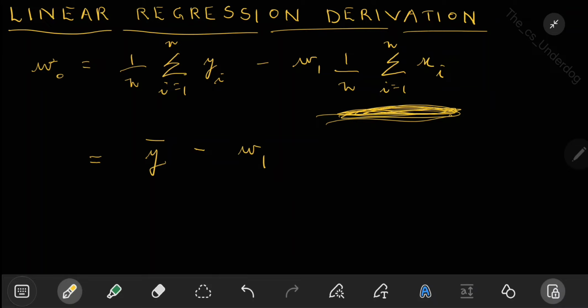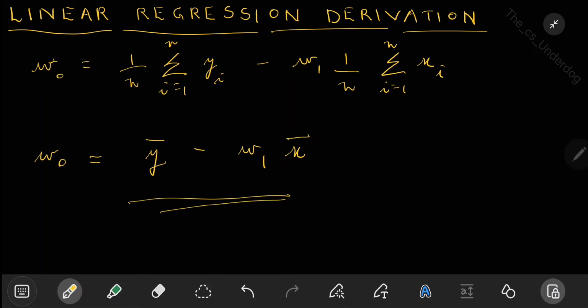The second term is 1 by n sigma i equal to 1 to n xi, which is the mean of all values of x, so I'll denote it by x bar. So remember that y bar is the mean of y's and x bar is the mean of x. So we have W0 is equal to y bar minus W1 x bar.